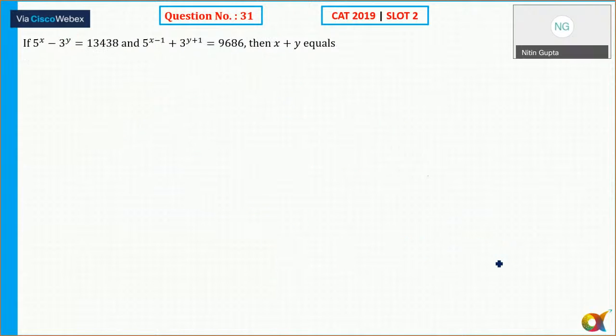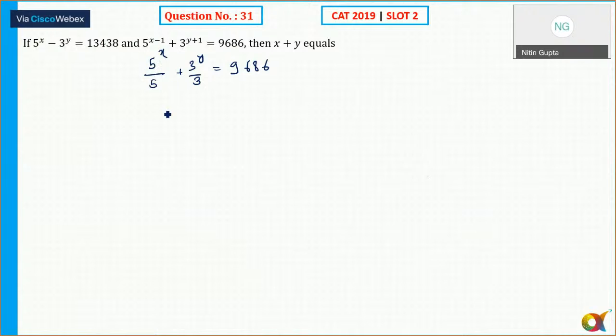Easier, but yes, calculation intensive, this one. Second equation: 5 raised to x plus 2 by 3 raised to y is equal to 9686. Okay, that is given to us.